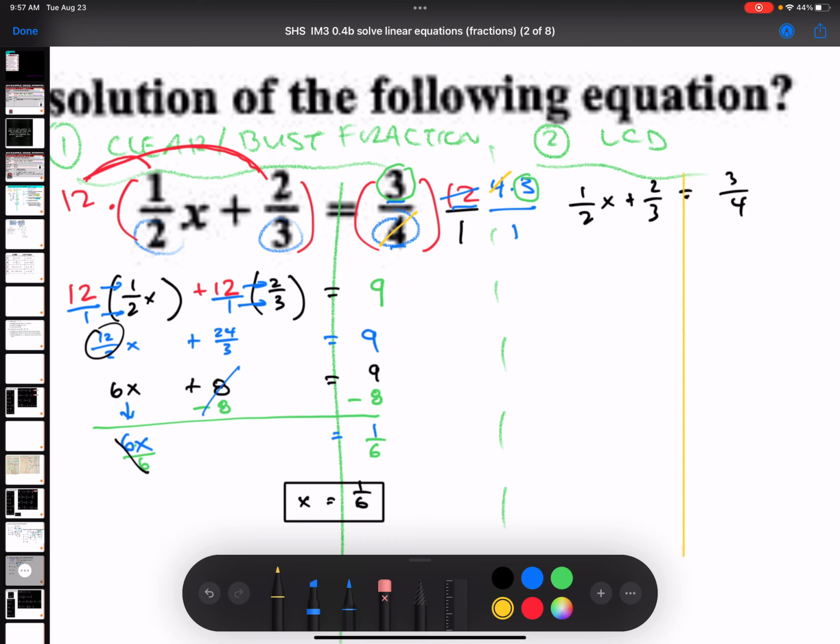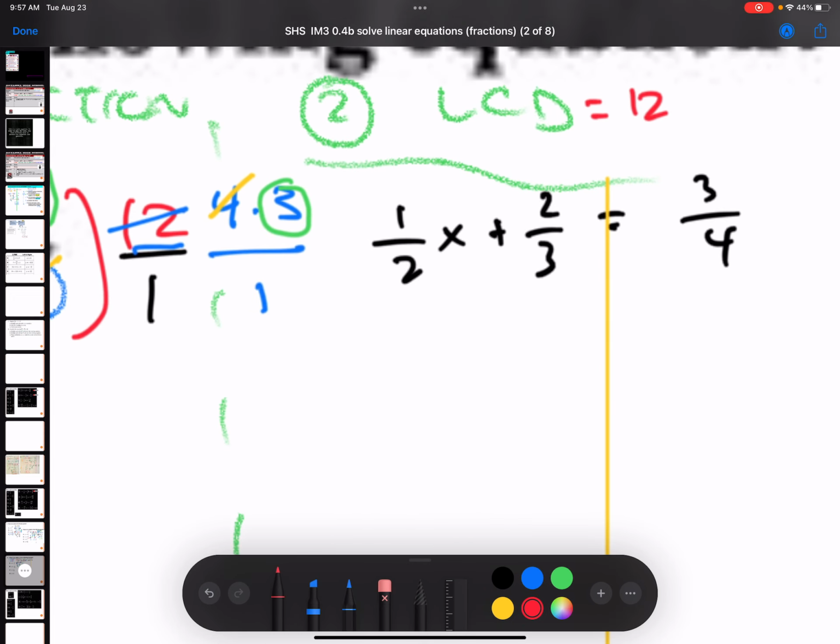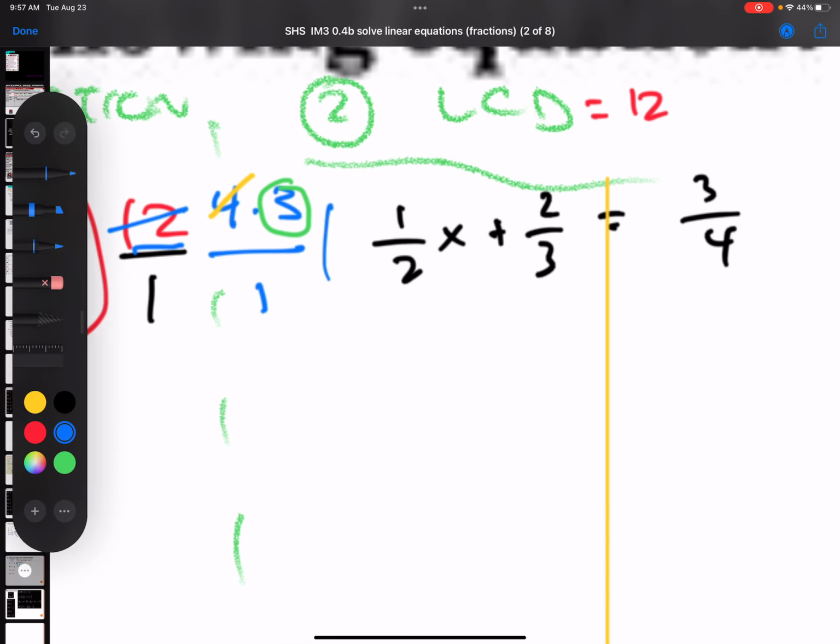The LCD just says make everything what number? The same, so 12. Well, how do I do that? 2 times what equals 12? 6. 6 times 2 equals the 12 that I need.